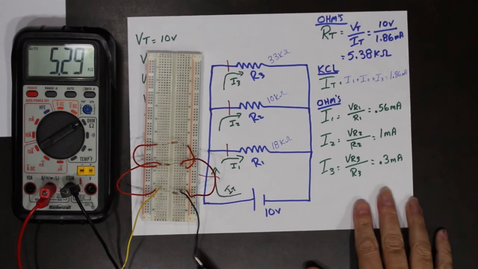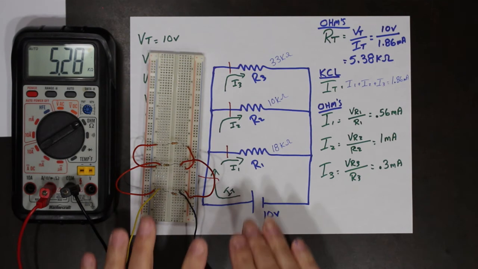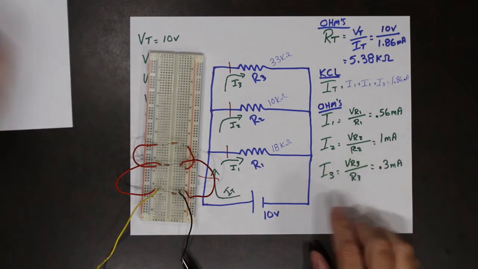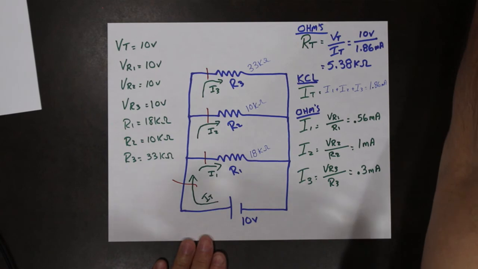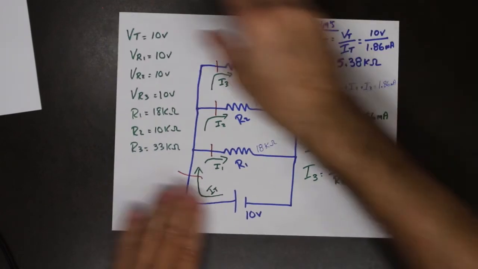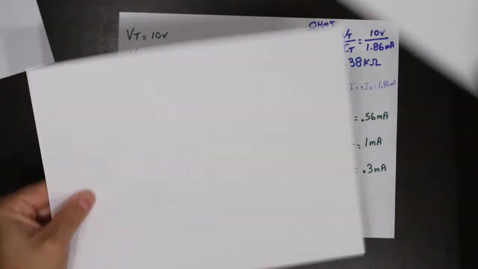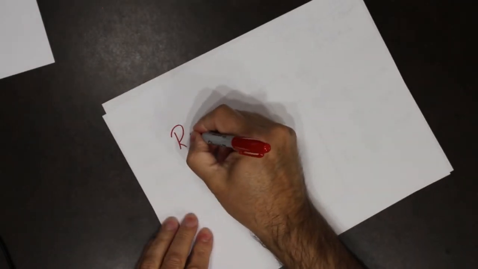So what we've got so far is being able to solve a parallel circuit. I'm just going to take this and put it over here for a moment. One thing that I want to show you is R total.